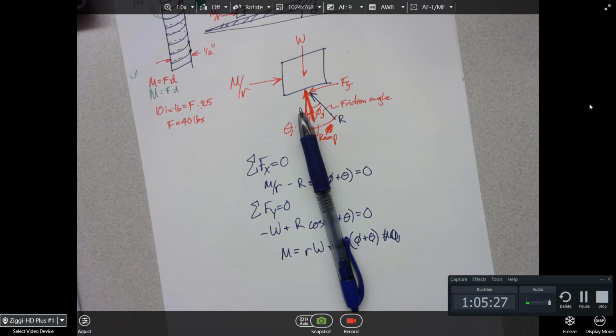Because I don't want you in any way to construe what is in the packet is the only thing I'm testing on, or I'm testing exactly on a problem that looks just like this. The packet is for me to go back and say, okay, we've had some pretty poor performance on midterms so far, and I want you to nail it on the final, okay? I'm not going to change how hard my final is or how hard my midterms were. Those were appropriate level of exams for this class.